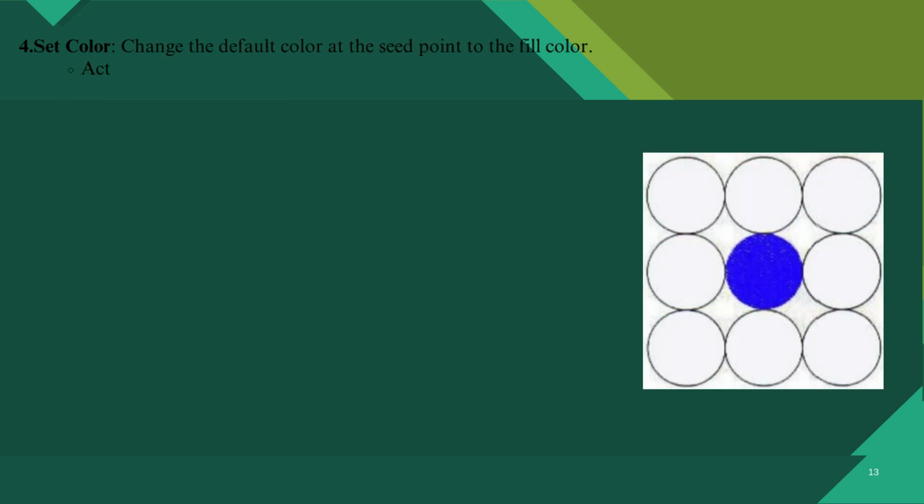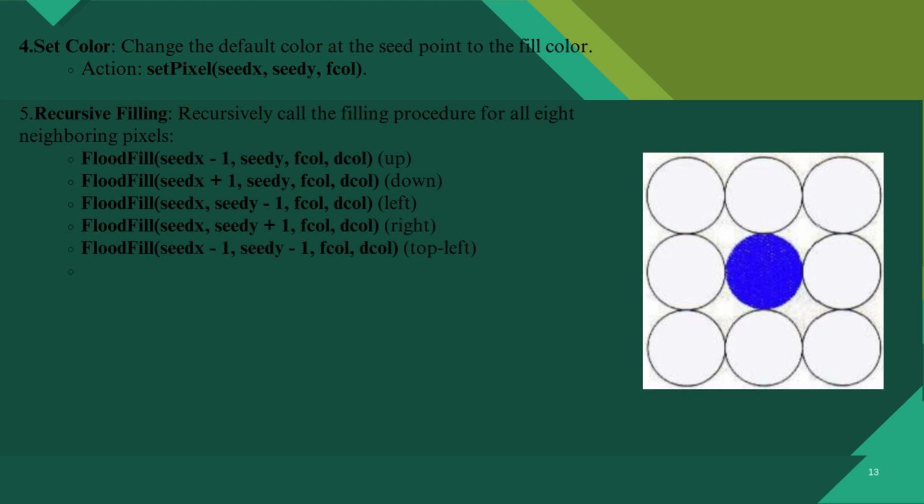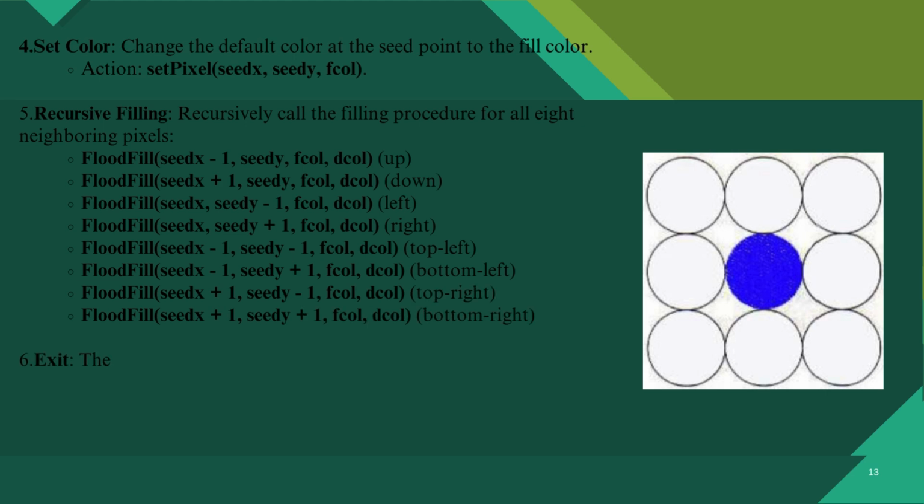Change the default color at the seed point to the fill color. Next, we have to recursively fill. Recursively call the filling procedure for all 8 neighboring pixels. These are up, down, left, right, top left, top right, bottom left and bottom right. The algorithm terminates when all reachable pixels of the default color are filled.